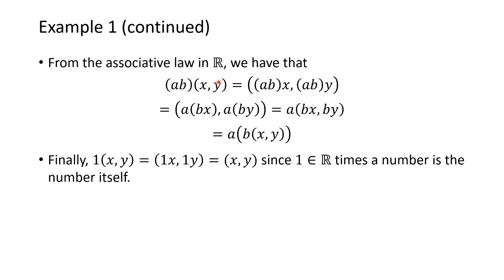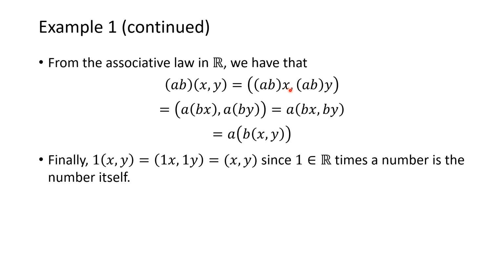We're almost done. We just have two more. Again, we're using the definitions from real numbers to prove these. So we have ab times the vector xy. Using the definition of scalar multiplication, it's ab times x, ab times y.